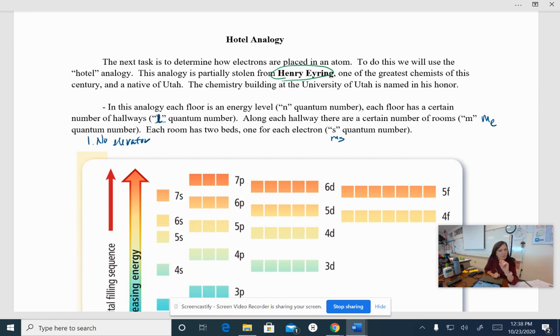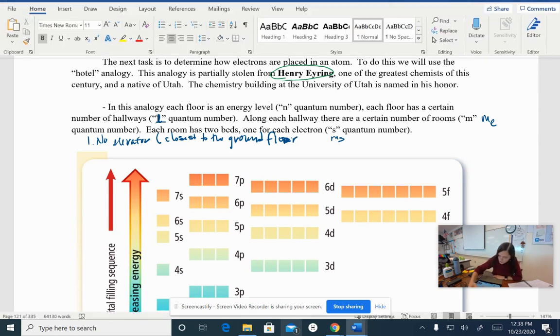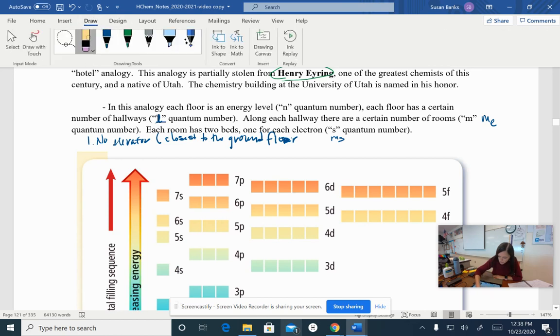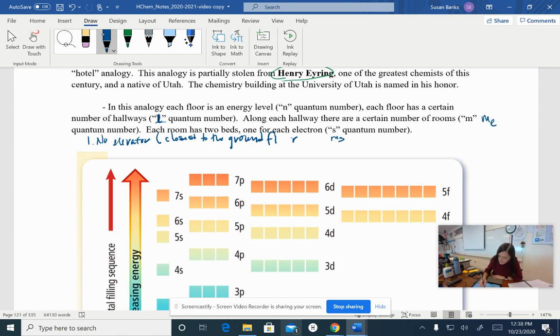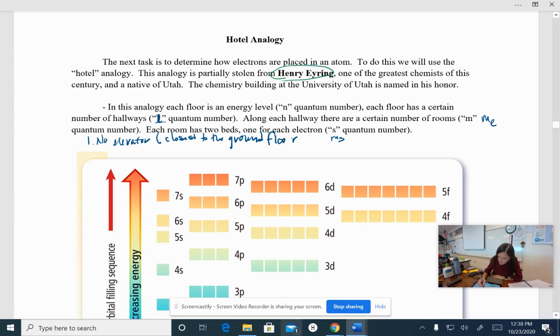And since there's no elevator, you are going to go to the room that is closest to the ground floor. Meaning that you are going to want to keep your energy down. So we are going to keep the energy as low as possible with these electrons.